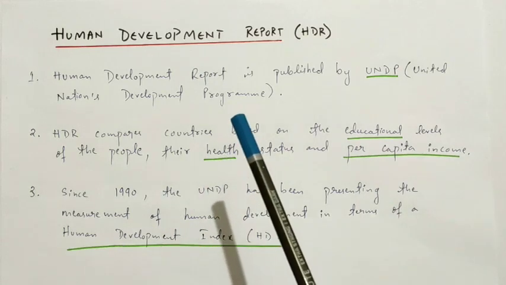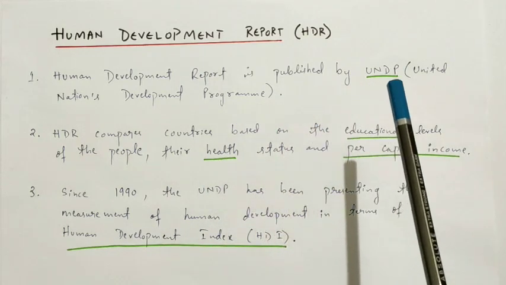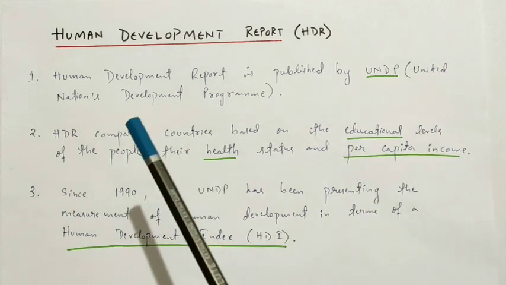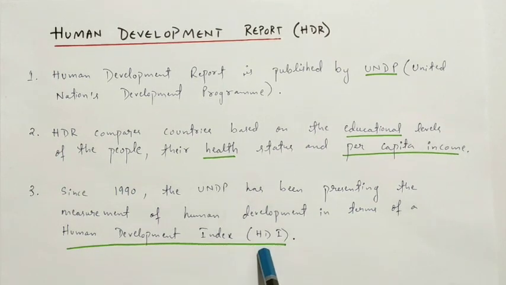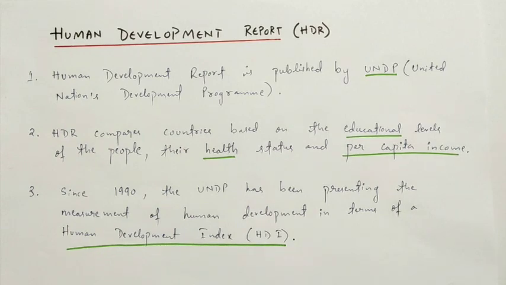Human Development Report is published by UNDP, that is United Nations Development Programme. And since 1990, the UNDP has been presenting the measurement of human development in terms of a Human Development Index, also called HDI, in its annual Human Development Report.